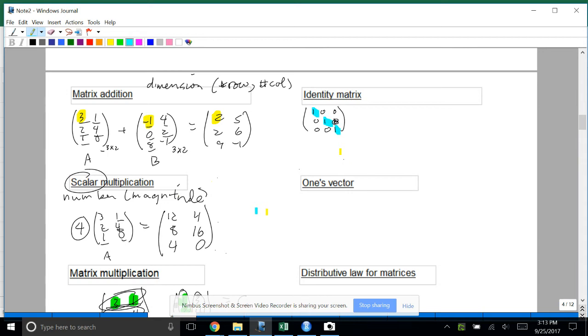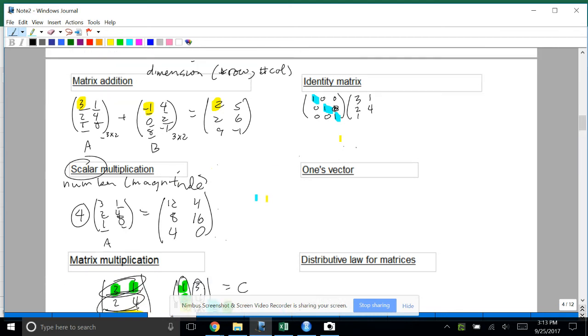And if we multiply this by the appropriately dimensioned matrix, pre-multiply or post-multiply, see what we get. So if we have 3, 2, 1, 1, 4, what is it, 0?